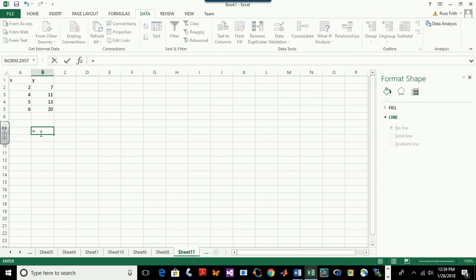Try it again. Margin of error is equal to 2.92 times the standard error of the estimate, which was 2.2361, times the square root of 1 plus 1 over n, plus another fraction. So this would be 4. The numerator of the fraction would be 4 times, so x naught was 3, and we need an x bar. So x bar is equal to the average.